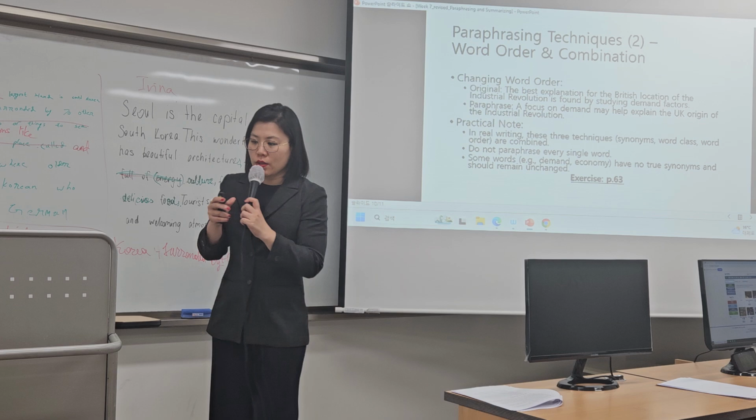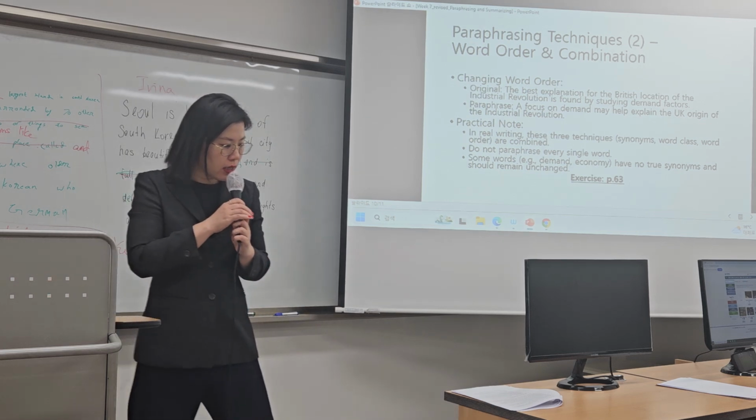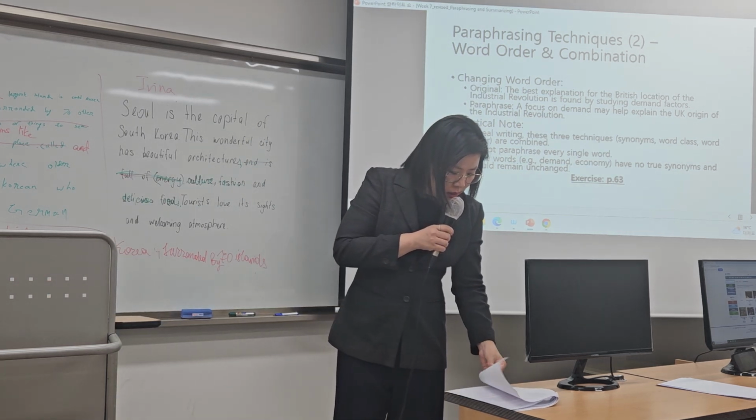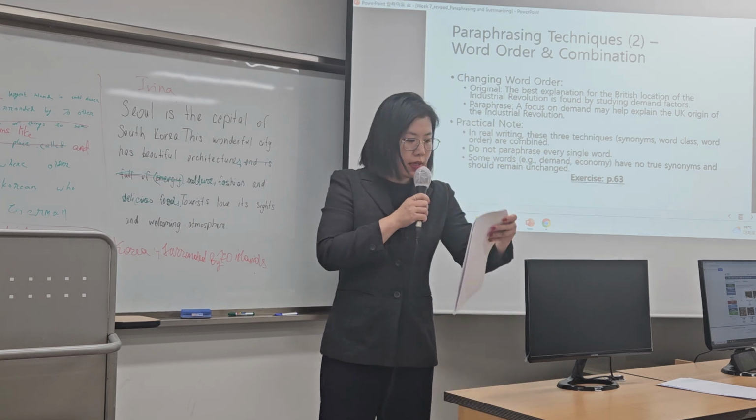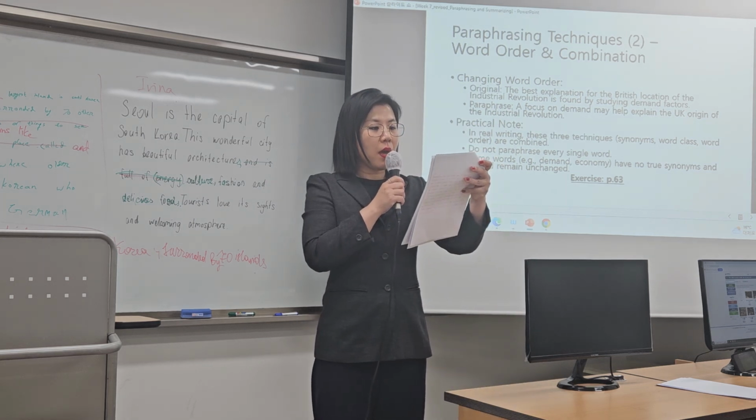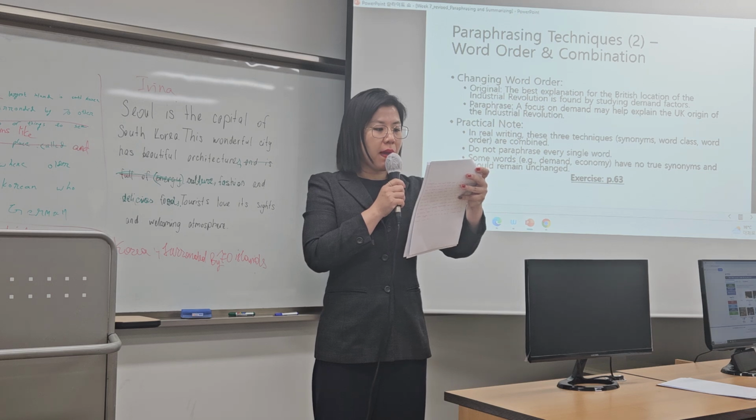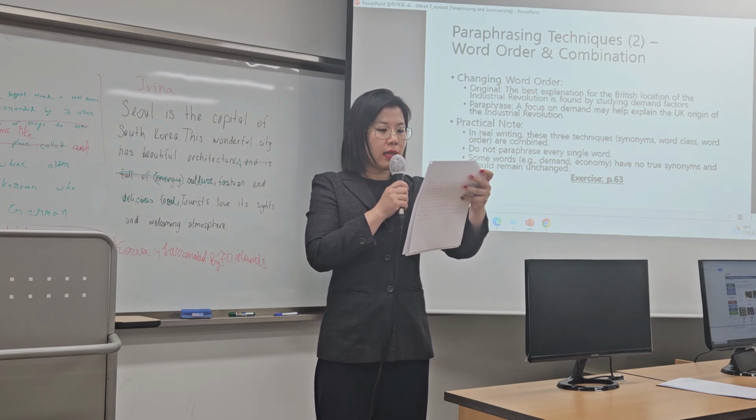All right, so let's do the remaining two exercises. Okay, let's go on to 63. It says, use these techniques to paraphrase the following text. So we have a text in the box which says, The Past Below the Waves. This is a text from a historical journal.